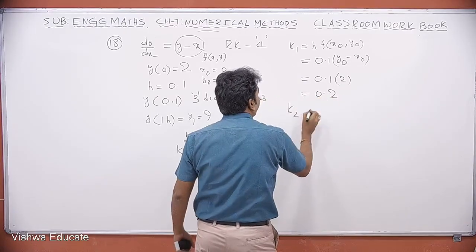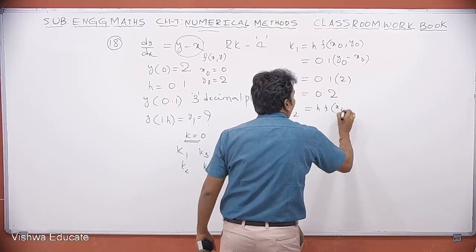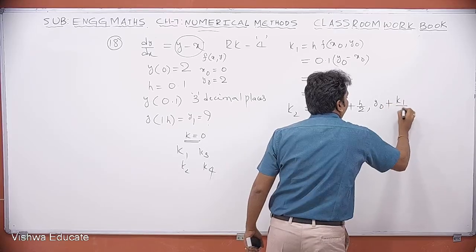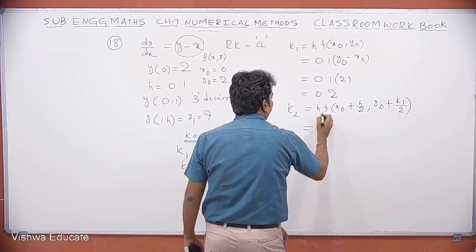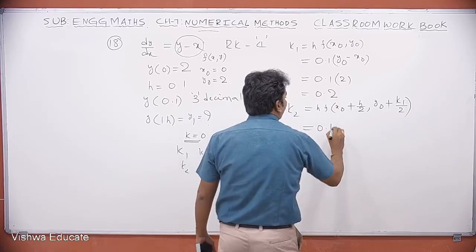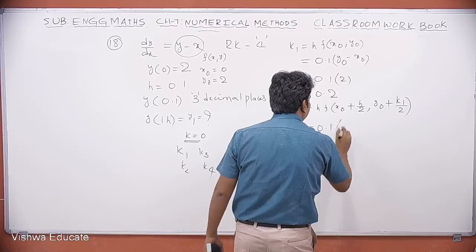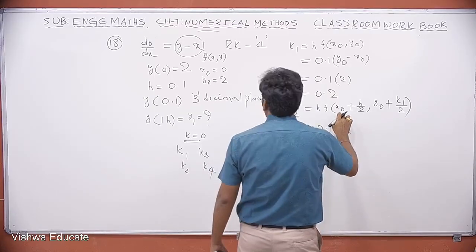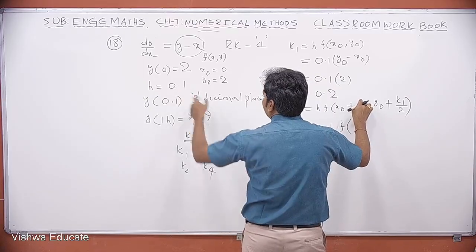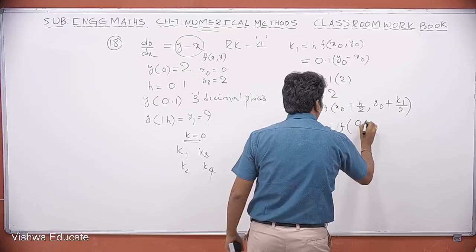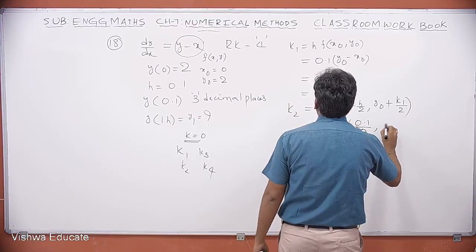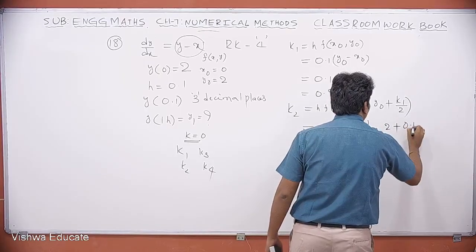Now the value of k2 is h into f of x0 plus h by 2 comma y0 plus k1 by 2. So h value is 0.1 into f of x0 value 0 plus 0.1 by 2 comma y0 value 2 plus k1 by 2, that is 0.1.